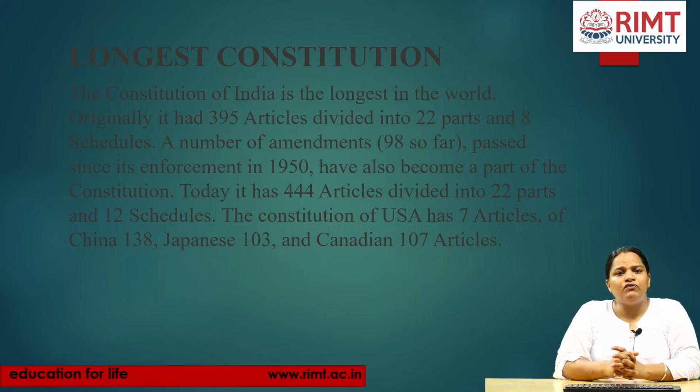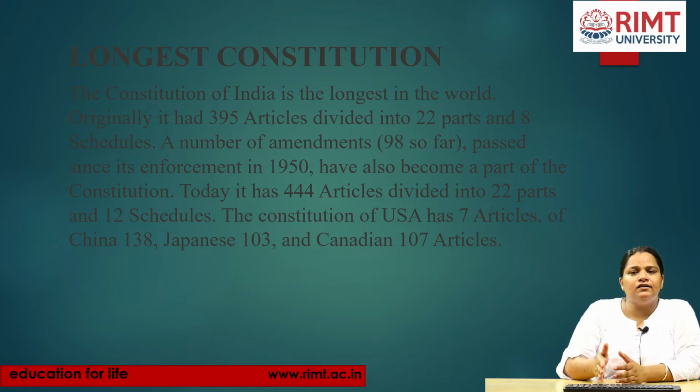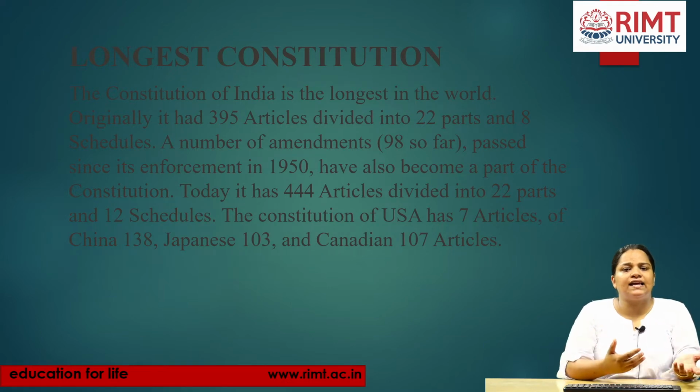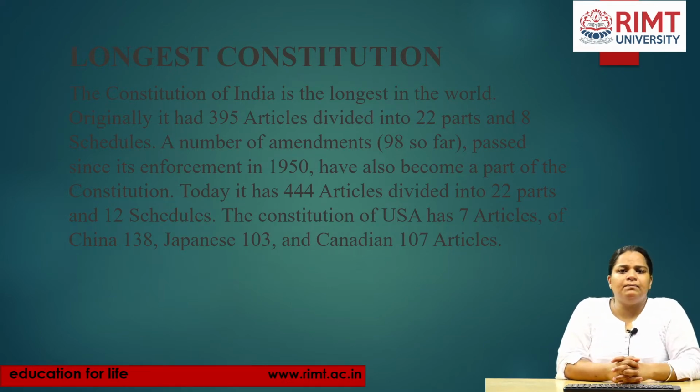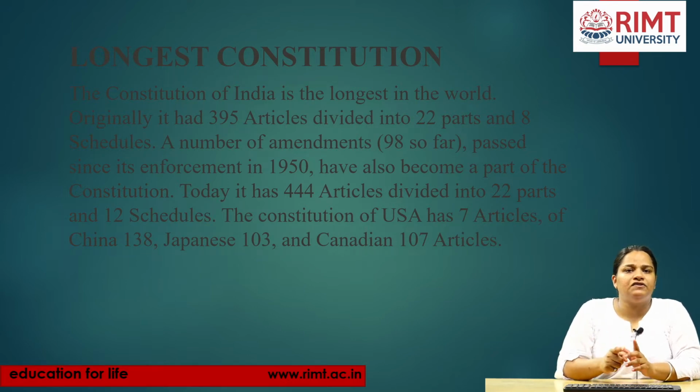Moving forward, the Indian constitution is regarded as the longest constitution. Originally, it had only 395 articles divided into 22 parts and 8 schedules. A number of amendments, 98 so far, have been passed since its enforcement in 1950. 26 January 1950 was the date when it was formally enacted.